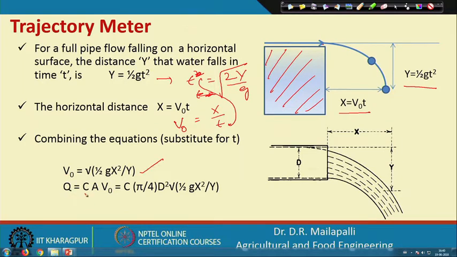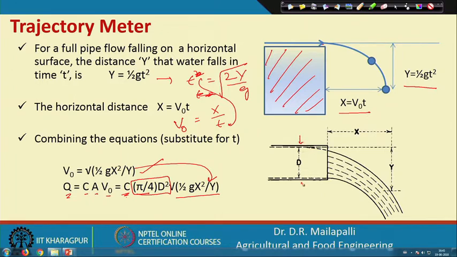Then q is equal to c into a into v, where the area of cross section is pi by 4 d square, v is the velocity, and c is the correction factor. So, the trajectory meter works on the principle of projectile.